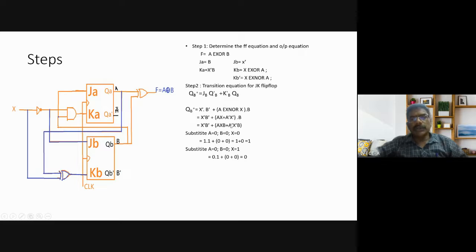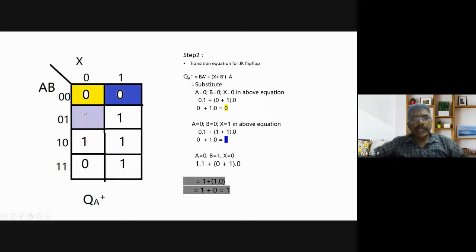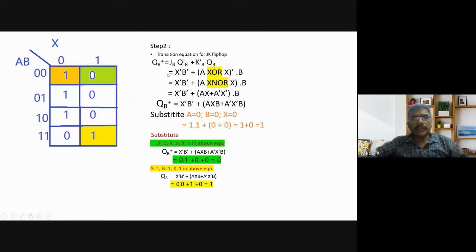Since we are using two flip-flops, I use suffix A and B. So this is for A, and this is for B, and I substitute the input values, and I get the final equation. I substitute A equal to 0, the corresponding values. Okay, A equal to 0, B equal to 0, X equal to 0 means this value. Similarly, I have filled all the boxes.